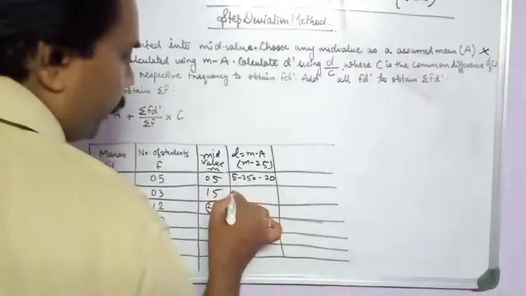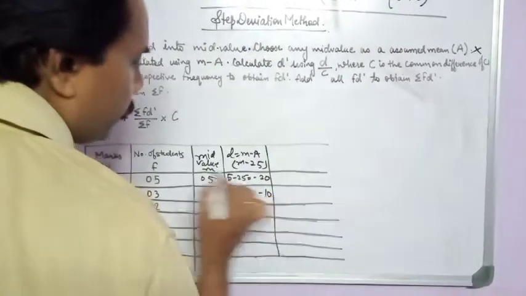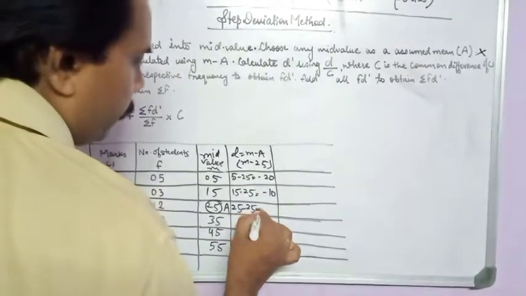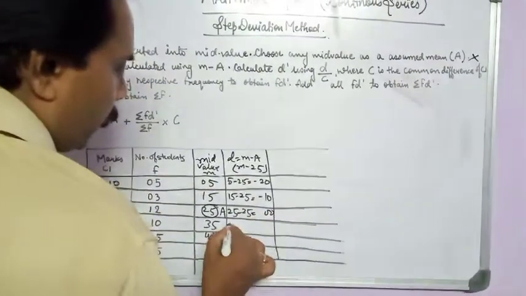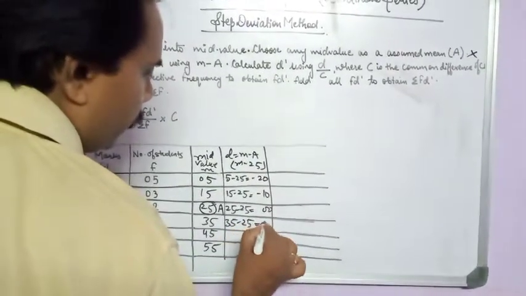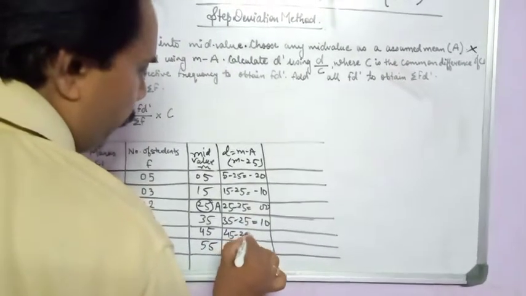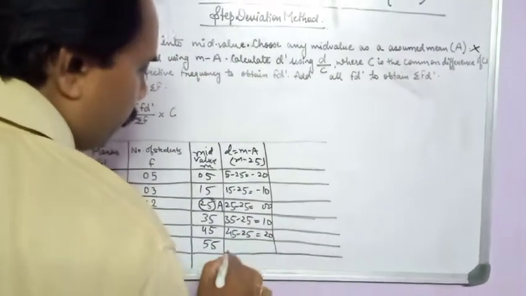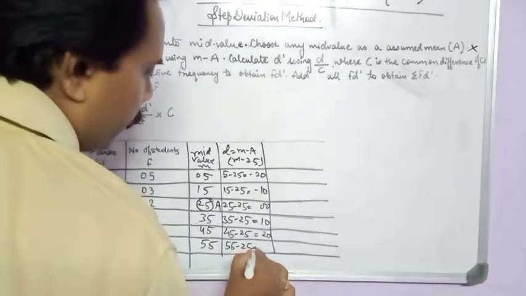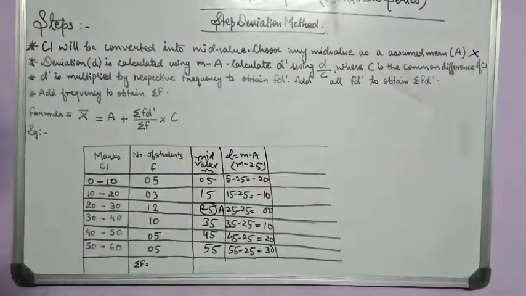Clear? 15 minus 25 is equal to minus 10. 25 minus 25 is equal to 0. 35 minus 25 is equal to 10. 45 minus 25 is equal to 20. 55 minus 25 is equal to 30. So in this way I have already calculated D.